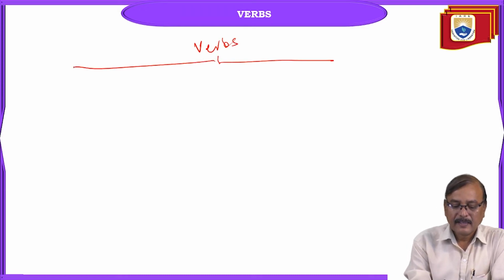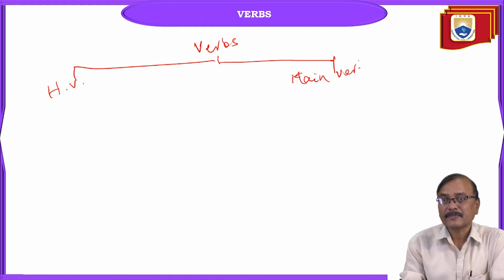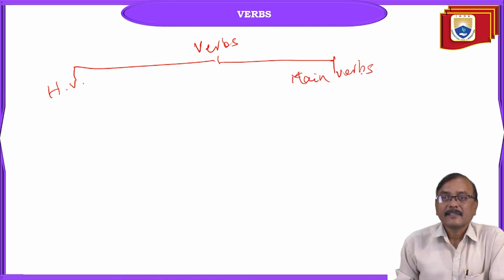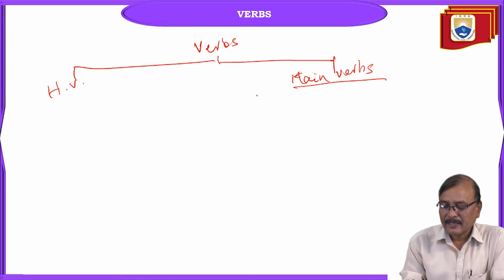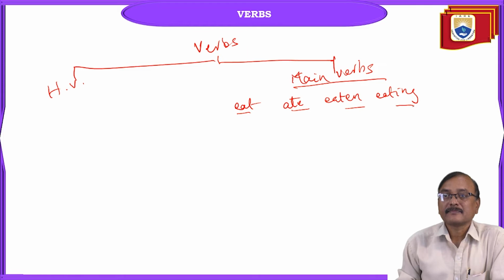One is helping verbs, right? And another one is main verbs. In the main verbs, for example, eat, eaten, eating. In main verbs, there are 4 forms.